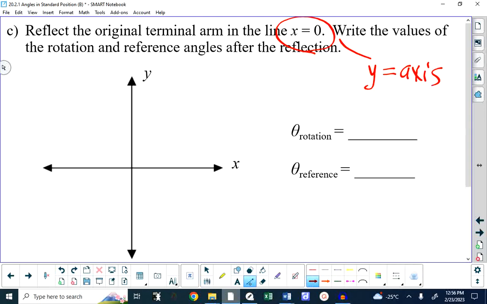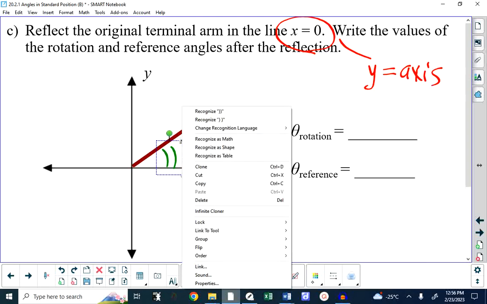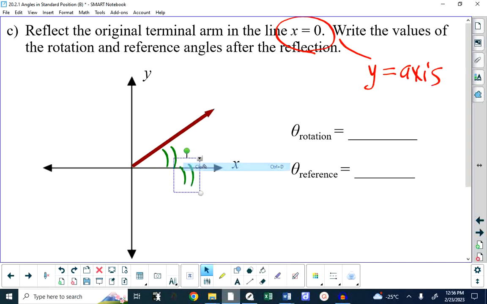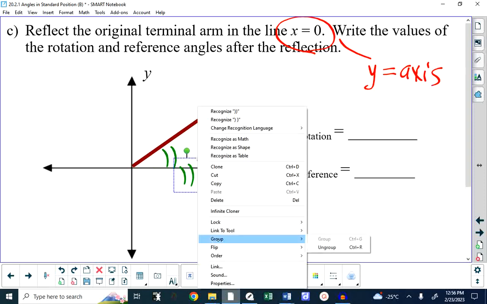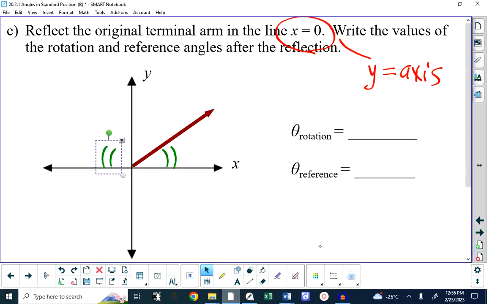If we draw the original graph or terminal arm, which looks like that, this has a reference angle of 38 degrees. If I reflect that horizontally, which means across the y-axis, then I'm going to get a terminal arm that is now in this orientation.